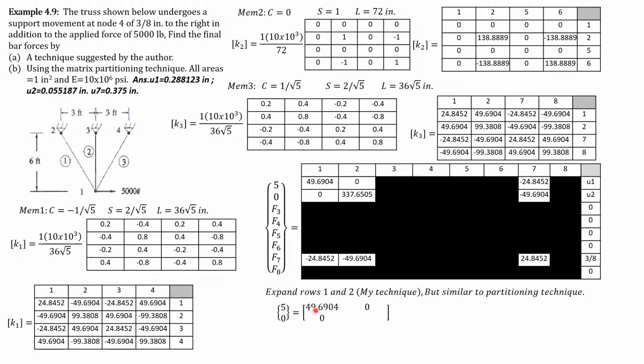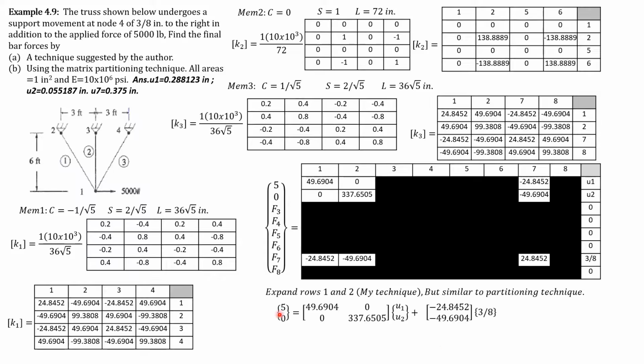So we have this 2 by 2 matrix, then this matrix here times U1, U2 plus these two, negative 24.8452, negative 49.6904, multiplied by this cell, 3 eighths. This is 2 by 1 and this is 1 by 1. So when you expand, it's like partitioning, so the same results would appear.